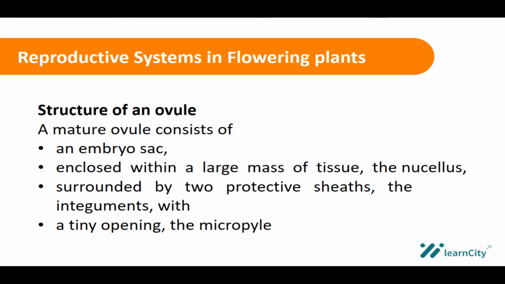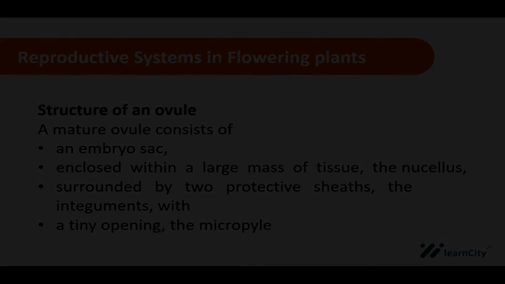And this nucellus is surrounded by two protective sheets, which are called the integuments. Also, in an ovule, we have a tiny opening, which is called the micropyle. So those are the things that are found in a mature ovule: an embryo sac, the nucellus and the integuments, and the micropyle.